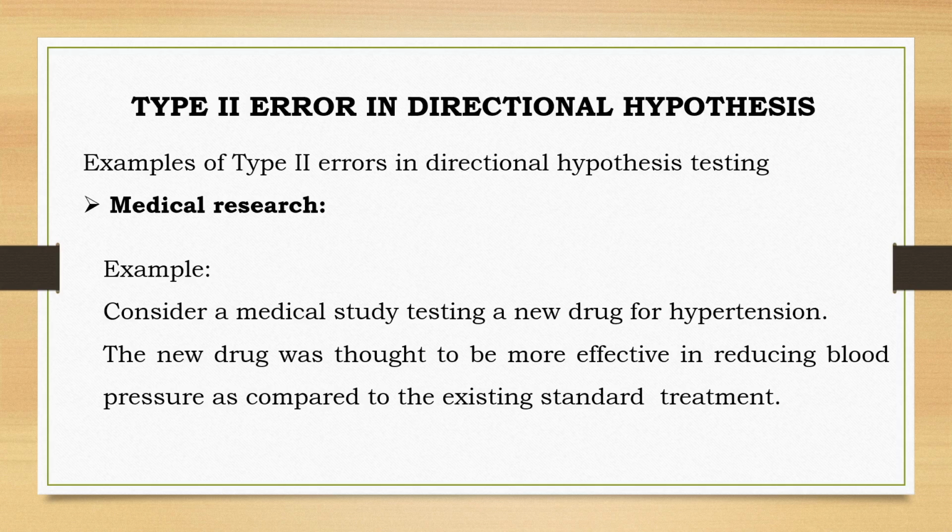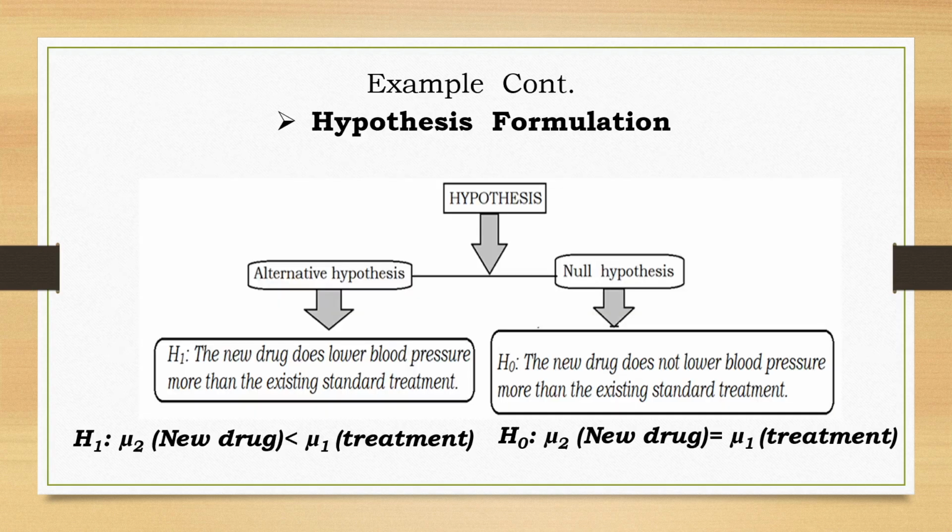Example, consider a medical study testing a new drug for hypertension. The new drug was thought to be more effective in reducing blood pressure as compared to the existing standard treatment. Hypothesis formulation.